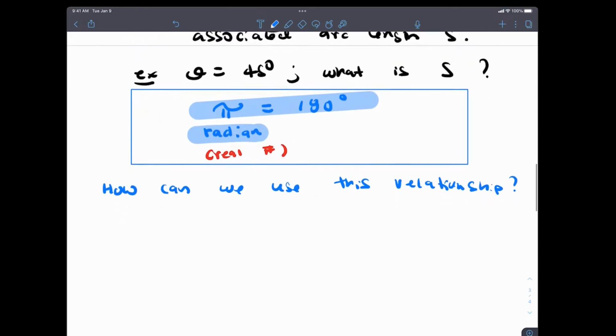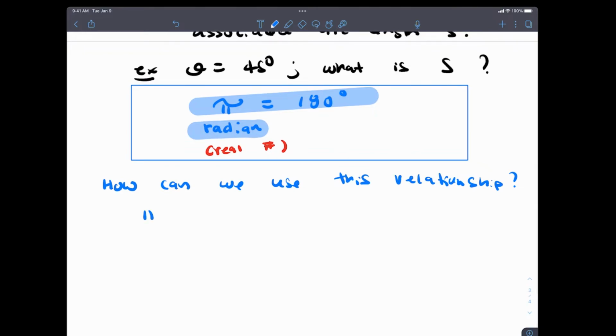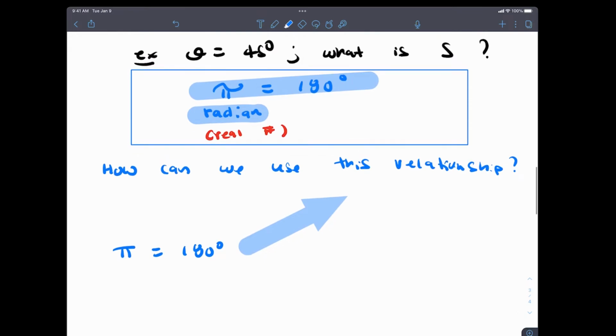If you know pi is 180 degrees, what that does for you is it gives you two special unit ratios. Unit ratios? Yes, unit ratios. What's the meaning of a unit? 1. Let me show you guys.